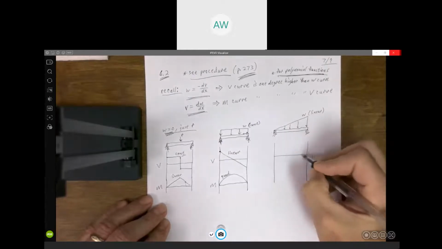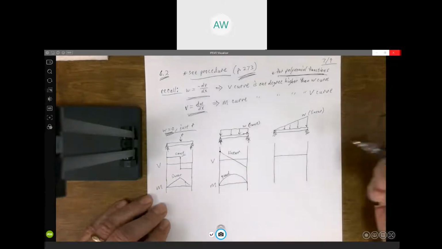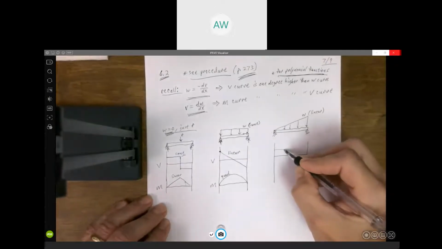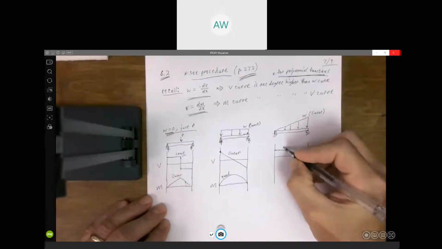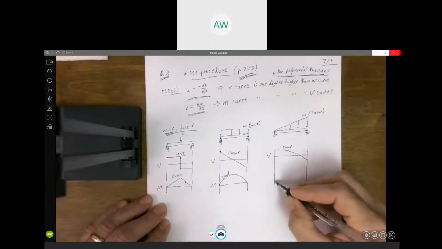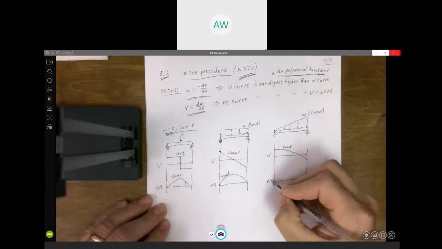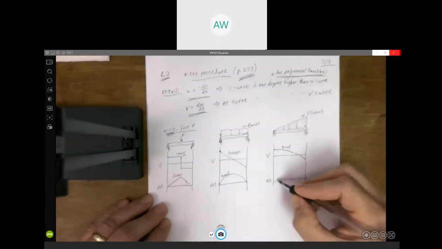So my shear diagram now is one degree higher than linear. It's going to be quadratic. And I don't know, it's going to be curved, right? And this is my shear. And the moment, one degree higher than quadratic, would be cubic.